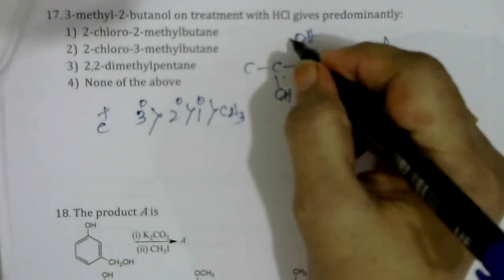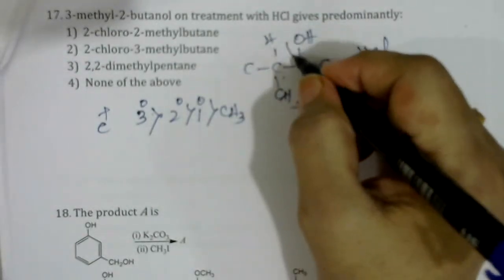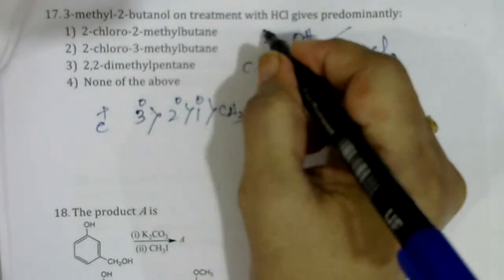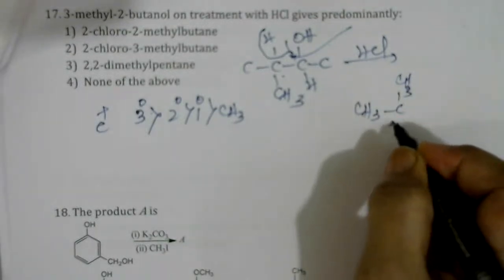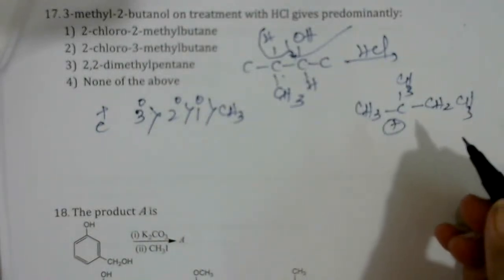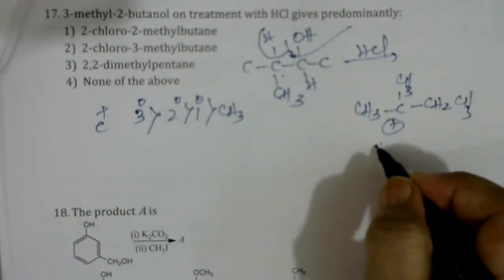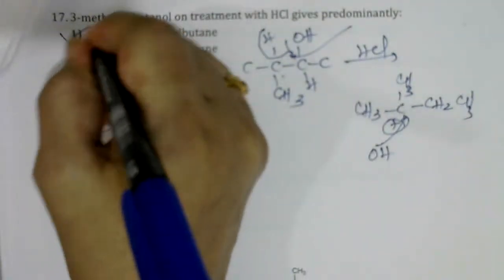Whenever they get the carbocation over here, it will be secondary. That's why by hydride shifting it is converted into tertiary. There is an attack of OH minus, and we are going to get 2-methyl butane. Therefore, the option is the first one.